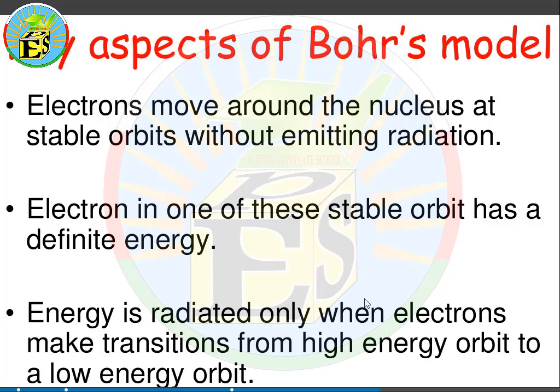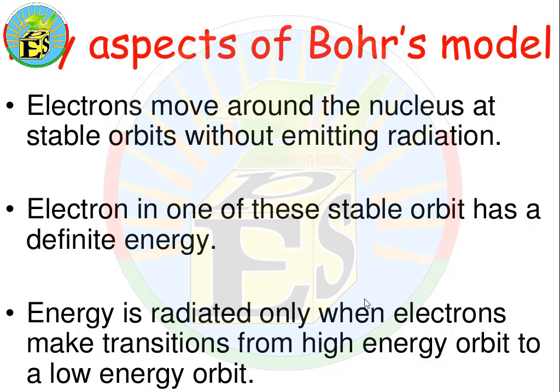Energy is radiated only when electrons make transitions from high energy orbits to a low energy orbit. This is a problem which Rutherford couldn't prove. But if the electrons move in the same orbit, they won't emit any energy.